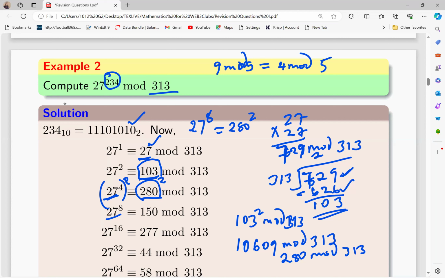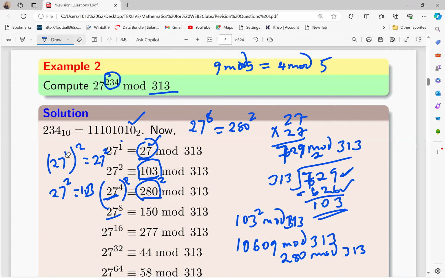That's the same thing we did here. When you square 27 raised to 1, you get 27 raised to 2. So that one meant we also square this to get 103 mod 313. Are we in agreement up to there so that we can move together? You know what we are squaring, is that okay?